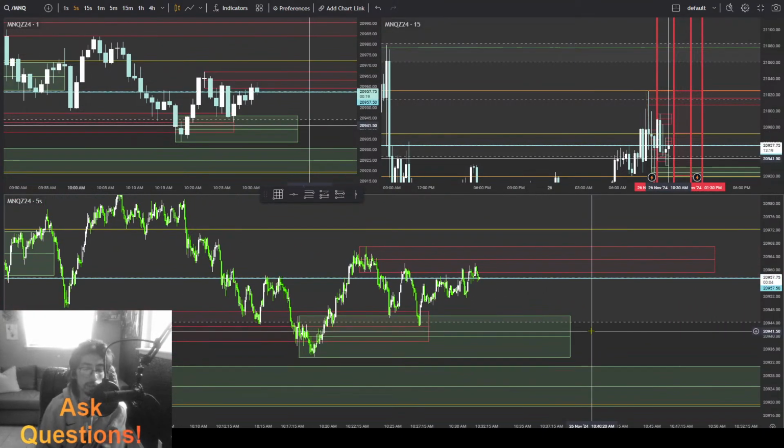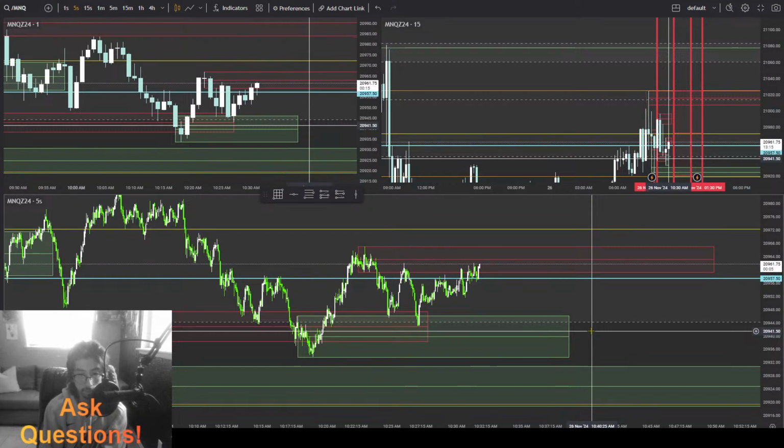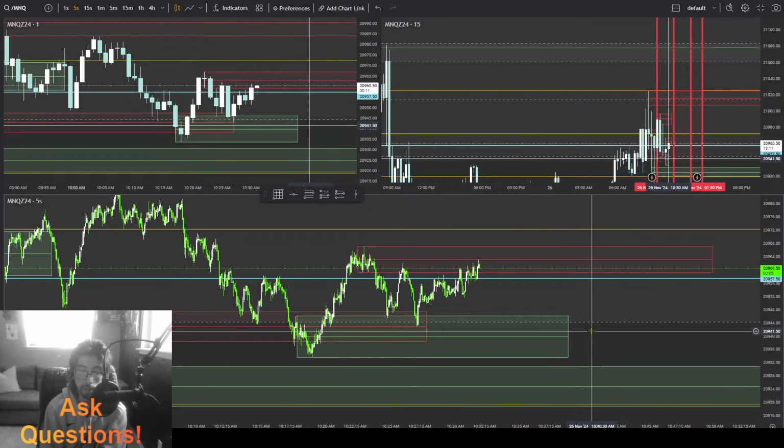We're just really doing nothing right now, just chopping away. I can't really find a setup just because of how bad we're chopping.